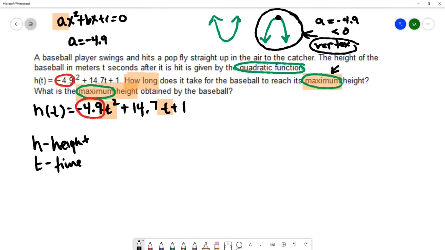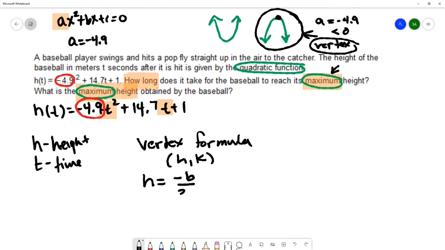So we do have a formula for finding the vertex called the Vertex Formula. And our vertex is usually written as an ordered pair, (h, k). The formula for the x-coordinate of the vertex is negative b over 2a. So you can see it's using the a and the b.